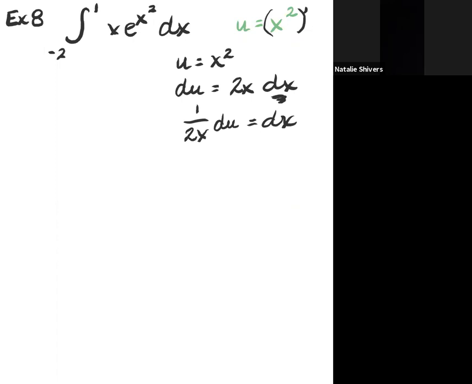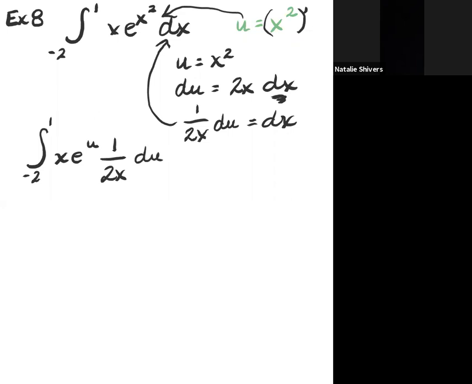Okay, so u is going to go in place of the exponent. Okay, so I'm going to copy x down, e to the u, and then this goes in for dx. 1 over 2x du. Remember, I can only differentiate for u. So I must have these x's drop off, which they do.